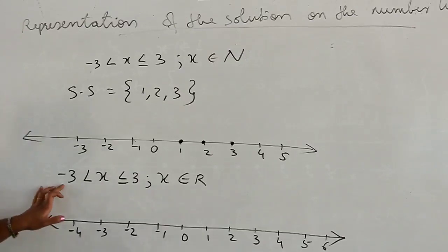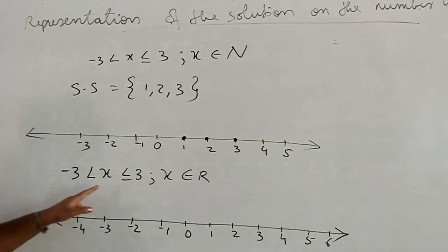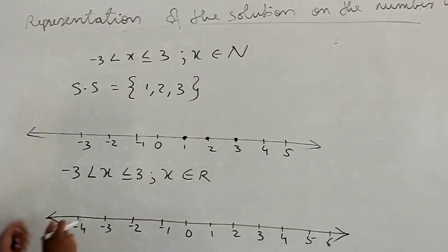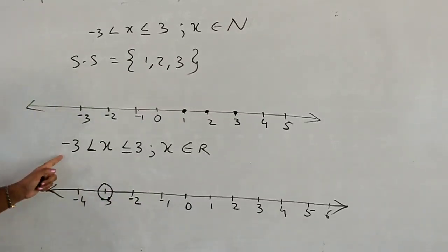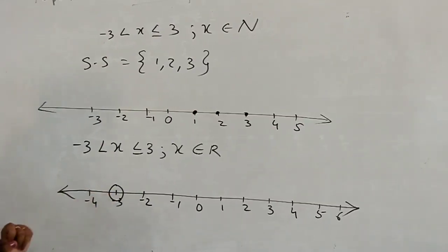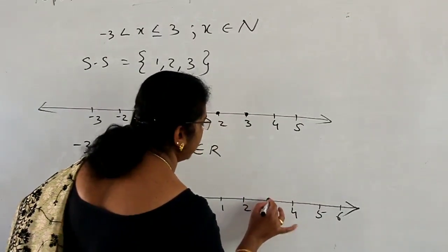In this solution set, minus 3 is not included and 3 is included. So on minus 3 we can make a hollow circle. Minus 3 is not included, so on minus 3 on the number line we mark a hollow circle, and 3 is included, so we use a darkened circle.